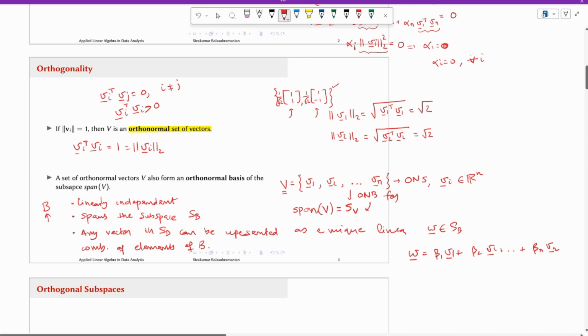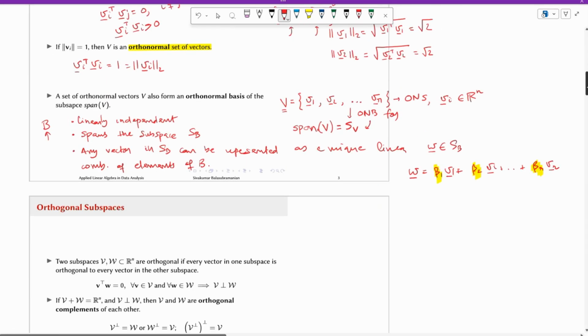If B is a basis for the subspace, then there is only one set of values for beta to represent W using V1 to VR. If B was linearly dependent and SB was still the span of B, then there are infinitely many ways in which you can represent W using the elements of B. If that is confusing, then you have to go back to the first module and revise.